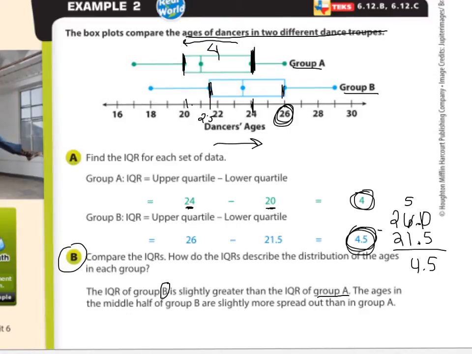So the ages in the middle half of Group B are a little more spread out than in Group A. The box looks like it's a little bigger, maybe. And then you can see that the whole part of Group B, from the smallest dot to the biggest, is longer than Group A's.